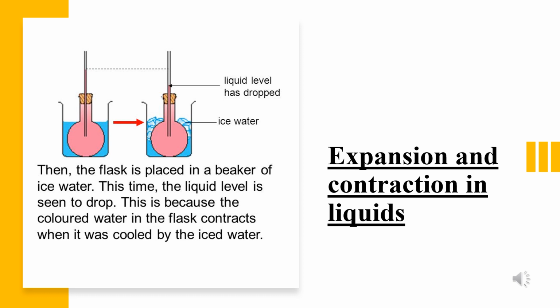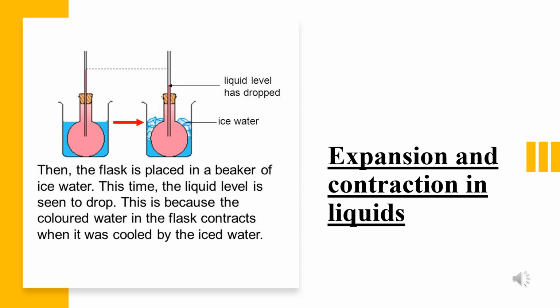When we dip the glass tube through the rubber cork, we see some level of water, the liquid level. Then some ice cubes are added into the water beaker, and then we see that the water drops down. In the tube you will see the level of the water has gone down. This is because the liquid has contracted, or it shows contraction when the temperature decreases.